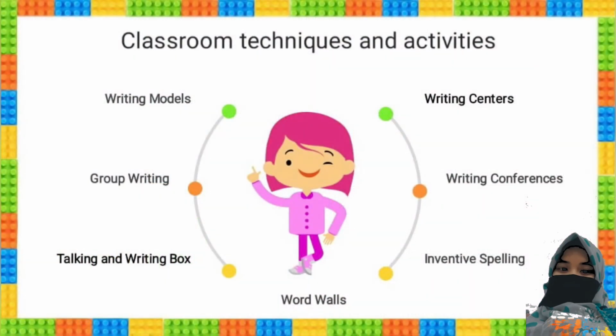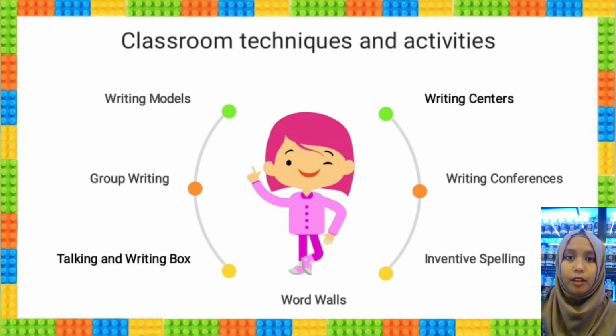Classroom techniques and activities are split up into several sections. First is writing models. Second is group writing. Third is talking and writing box. Fourth is writing center. 5. Writing conference.